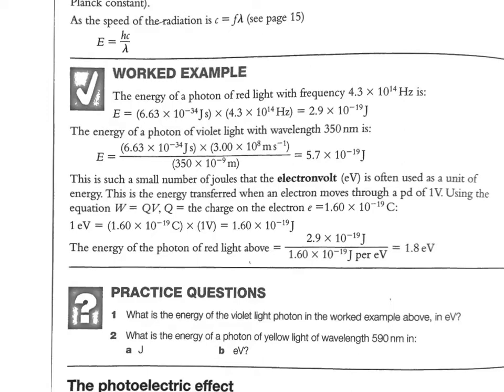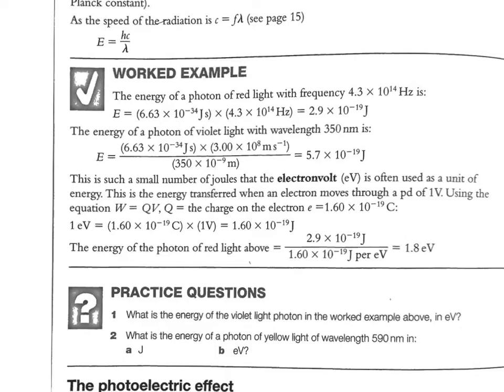So what that gives you is 1 electron volt is actually a very, very small amount of joules. It's that charge, 1.6 by 10 to the minus 19, times by the 1 volt, which is also 1 joule per coulomb. So 1 electron volt is the equivalent of 1.6 by 10 to the minus 19 joules. So in other words, move that decimal point 19 places to the left. So 0 point, lots of noughts, 16.